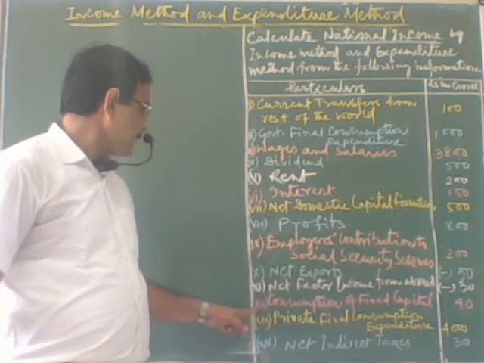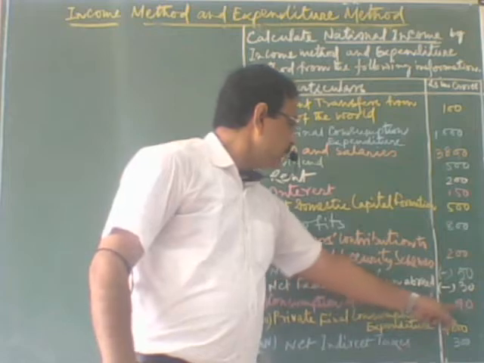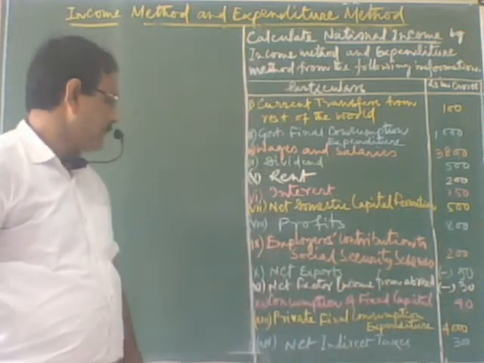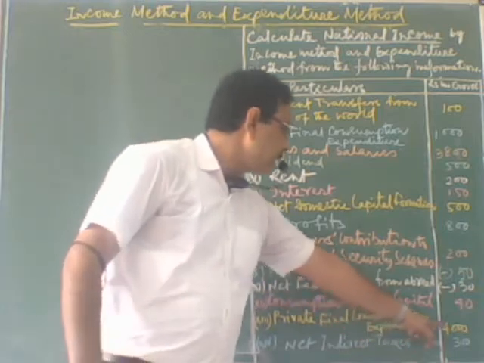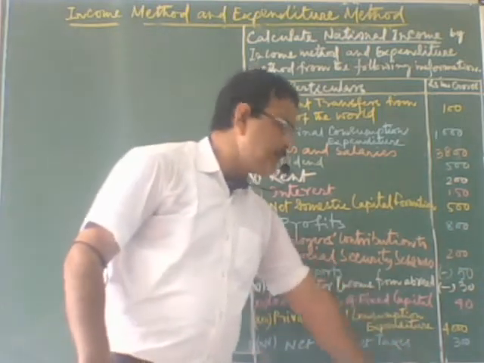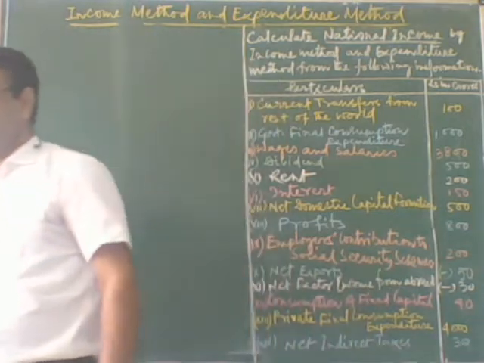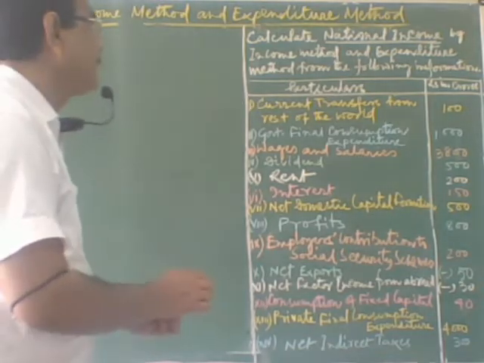Number 12, consumption of fixed capital, is 40. Private final consumption expenditure is 4000, and net indirect tax is 300. From this information, we have to calculate the value of national income by income method and expenditure method.